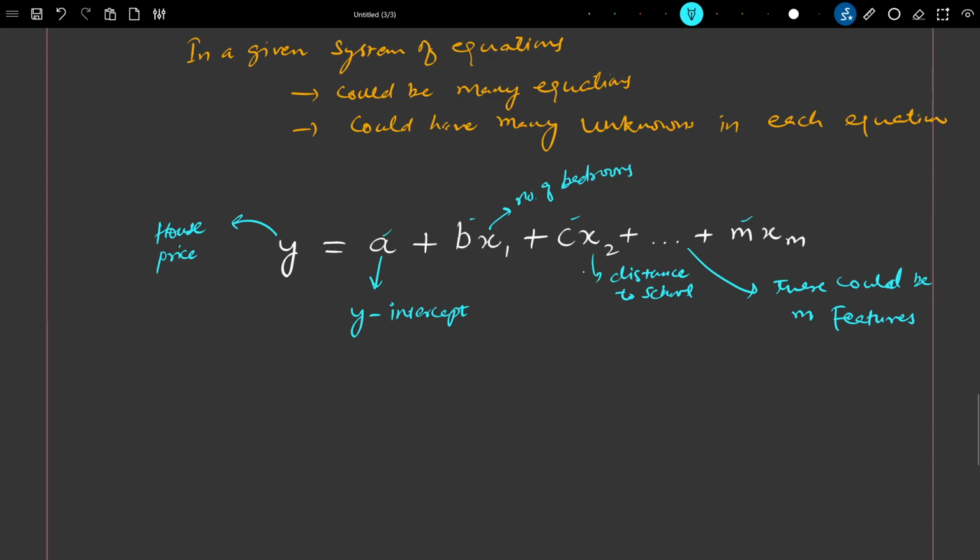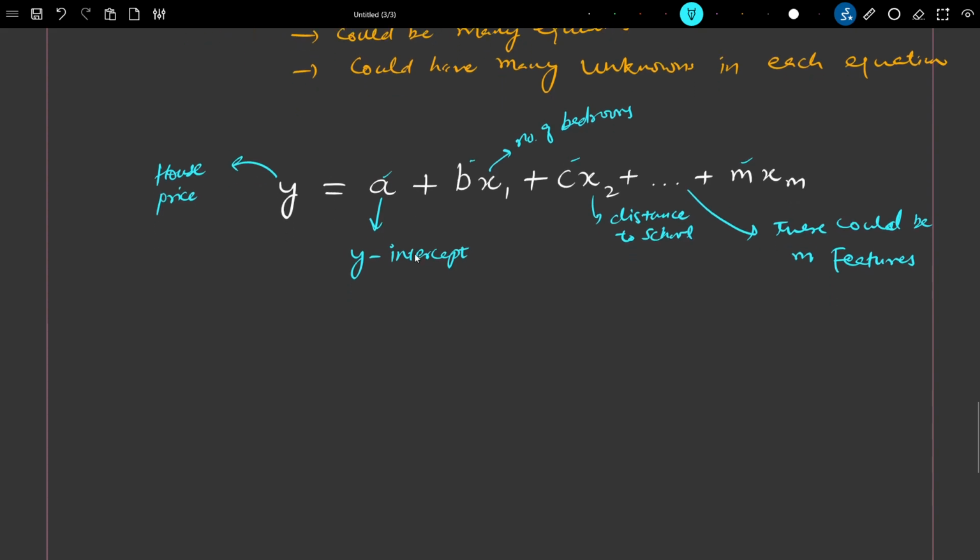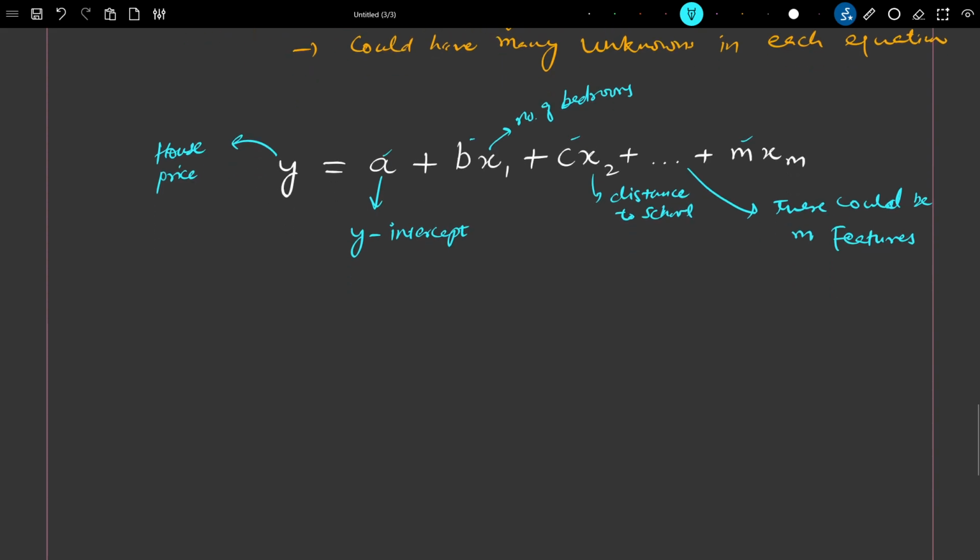So, having covered the idea of many unknowns in a given equation, let's talk about how we could have many equations in a machine learning problem. With the formula which we have here, we can have a system of equations.